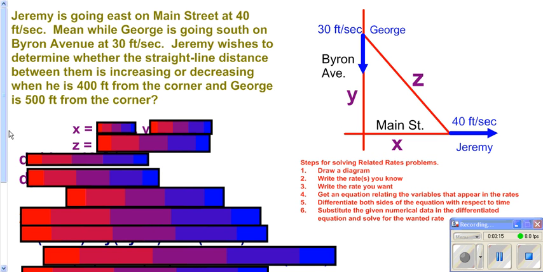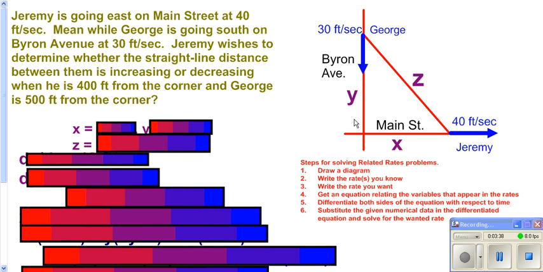Here we have two people walking. One's walking away from the corner, one's walking towards the corner. We want to know, how is the line of sight between them changing? So if we give the person walking on the horizontal main street to be x, because that distance changes, so it's a variable.